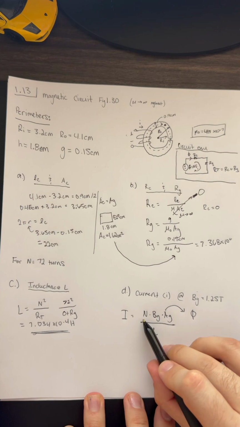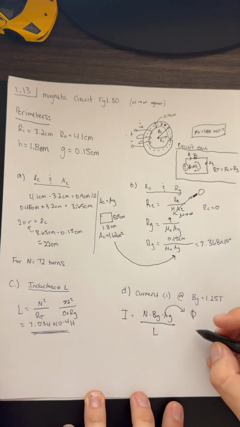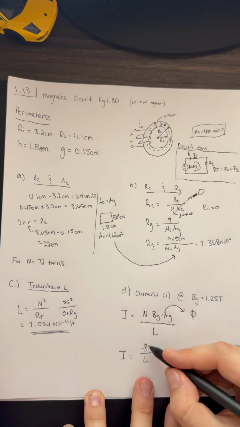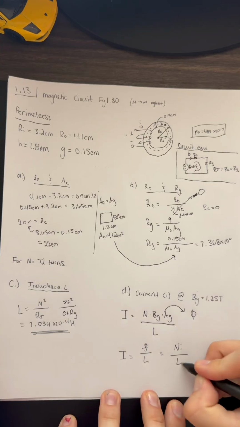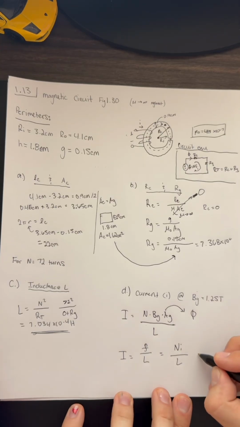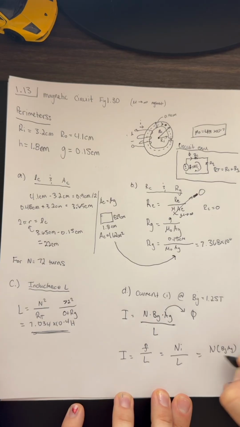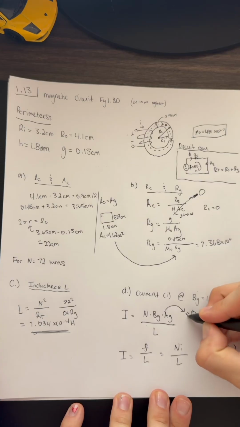So if we do N times I, which is our F, you can do I equal to F over R, and our F is equal to NI, over R, which is also equal to N times BGAG over L. If that gives you more perspective, equals phi.